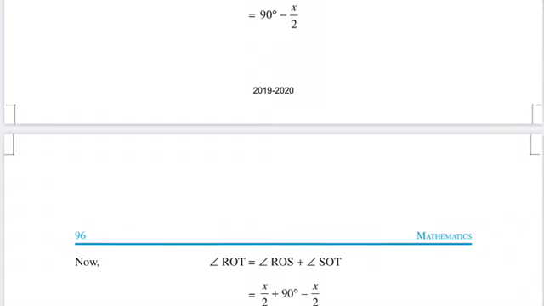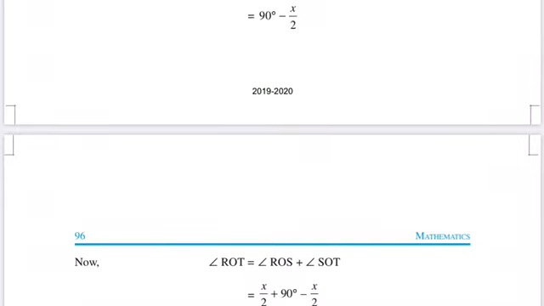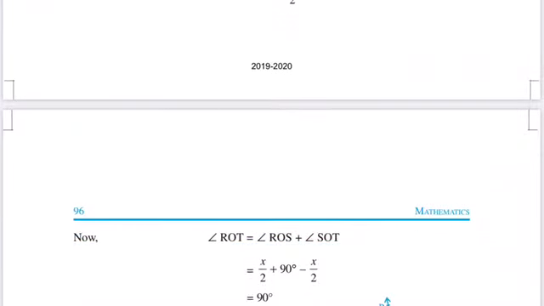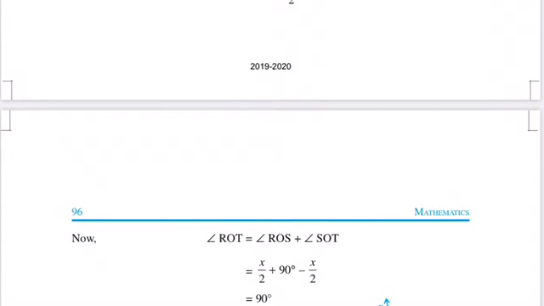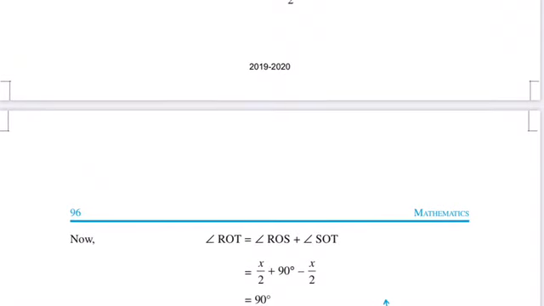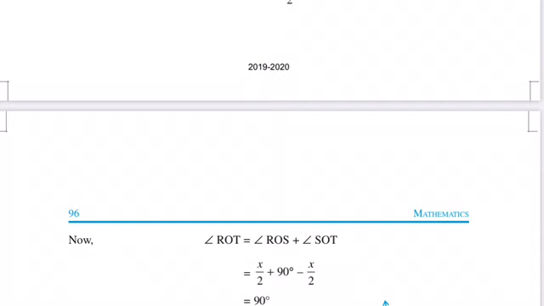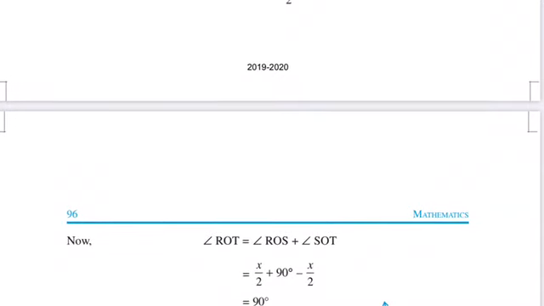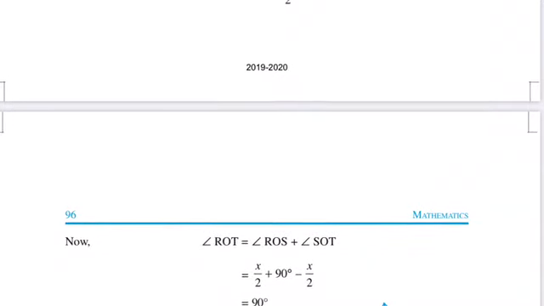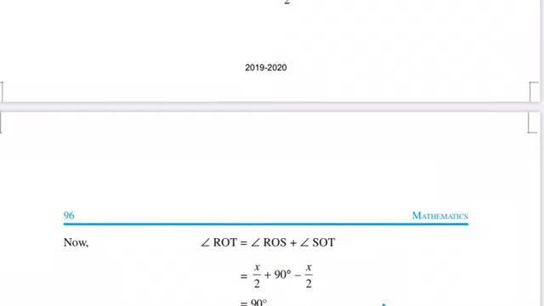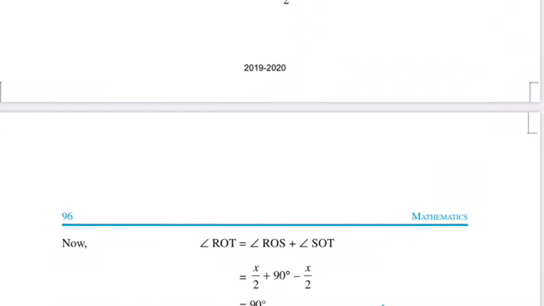Now from X by 2 positive and X by 2 negative, we can cancel both and it will become 90. So by this we can conclude what? Angle ROT is equal to what? 90. Okay. This is the full explanation of your example number 2.